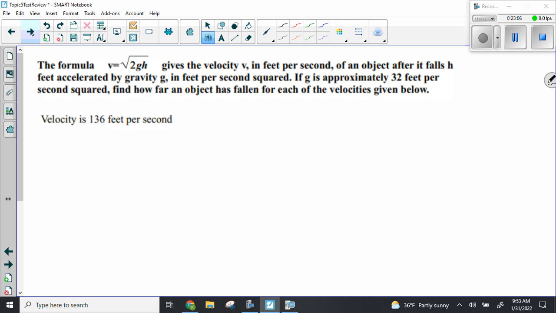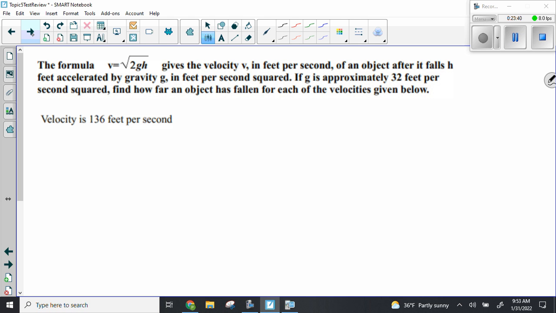It says that the formula v equals the square root of the quantity 2gh gives the velocity v in feet per second of an object after it falls h feet, accelerated by gravity g in feet per second squared. If g is approximately 32 feet per second squared, find how far an object has fallen for each of the velocities given below. In this case, we're just going to do one velocity.